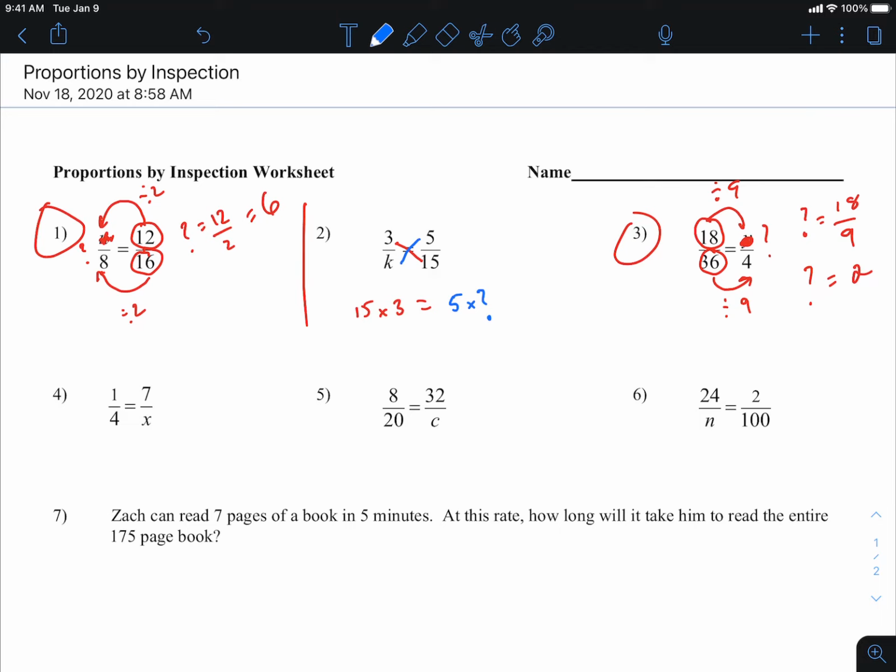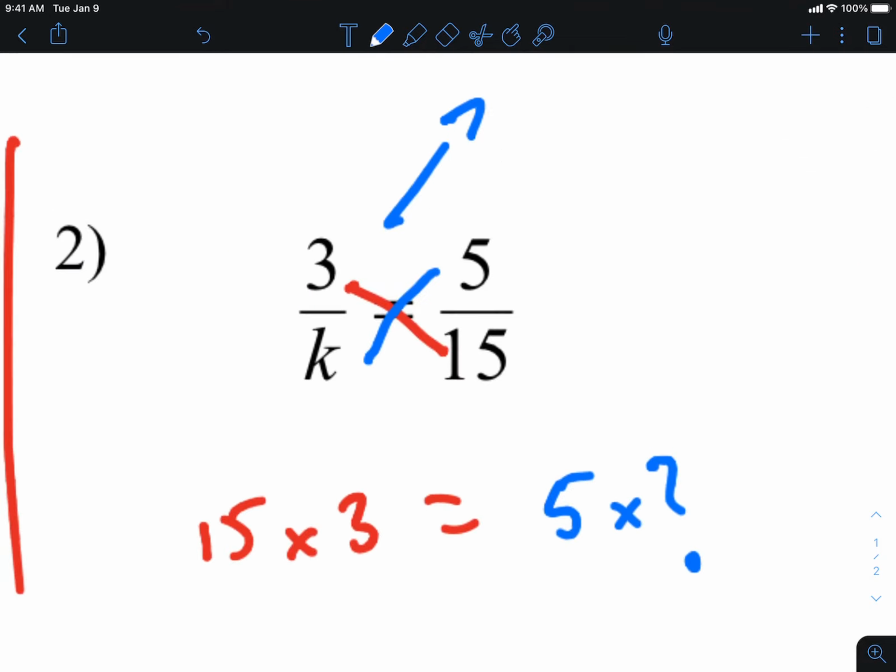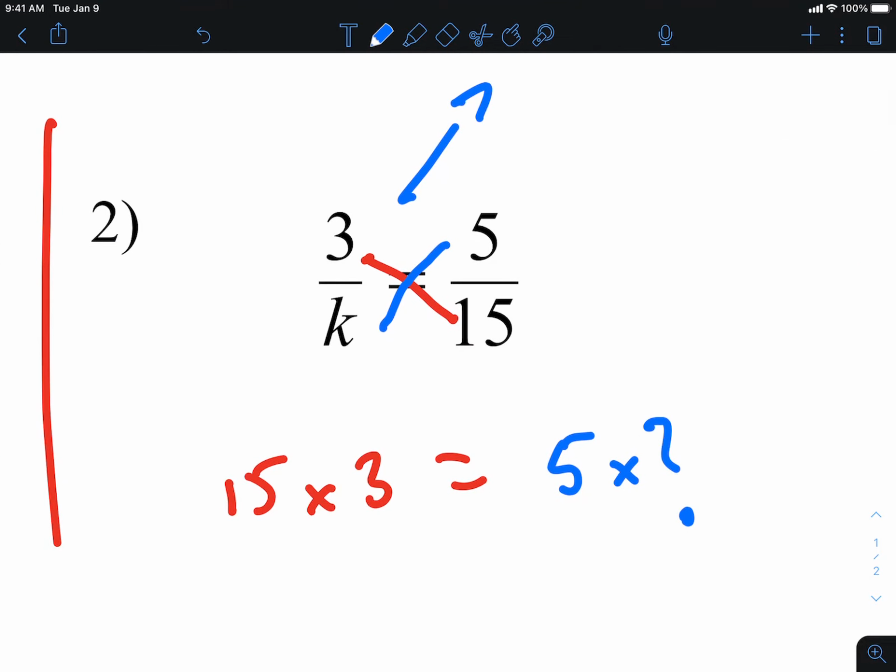This is what we call cross multiplying. Can everybody see the red? See what I did? We go 3 times 15, and then 5 times the question mark.